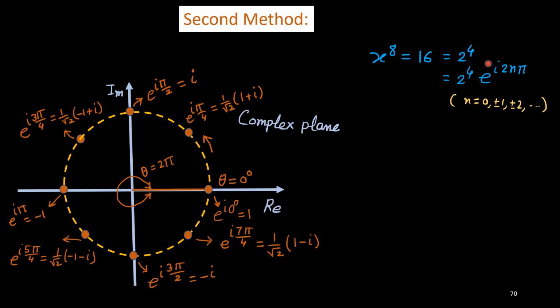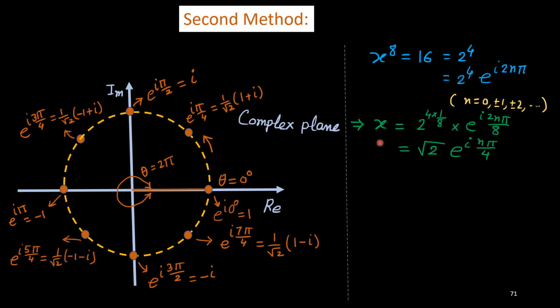So this is one general form. So on the real axis, this 1 we can replace by e to the power i 2 n pi. This is very, very important. We'll be using this form frequently.